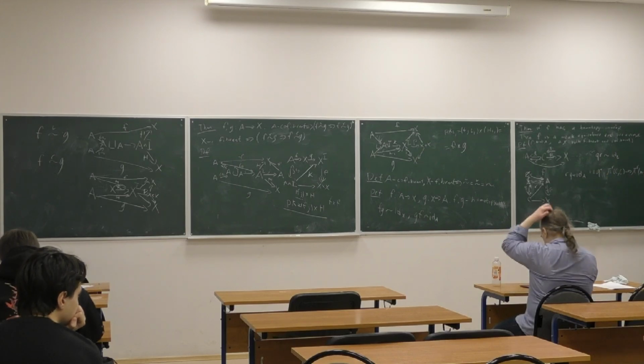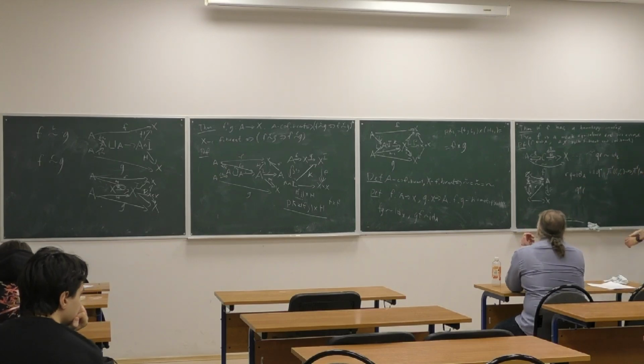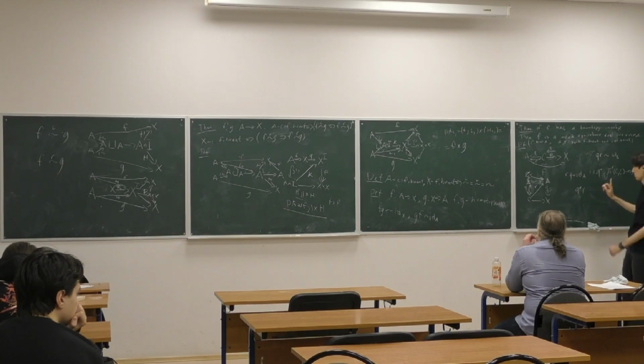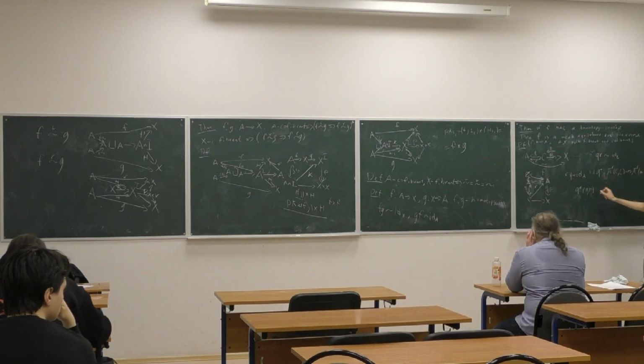So let's see how this acts on QR. We need to check that QR is homotopy equivalent to IDC. So this is just equal to QRQ by precomposing.